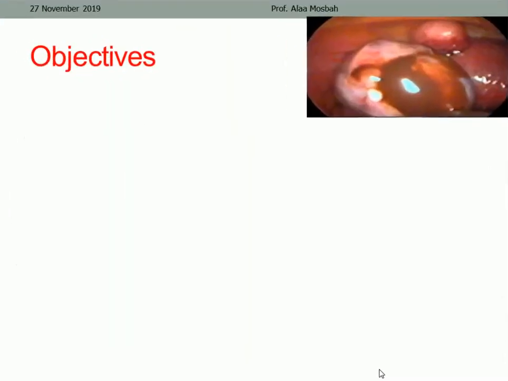What we wanted to know about surgical treatment of endometrioma and about endometrioma in general.